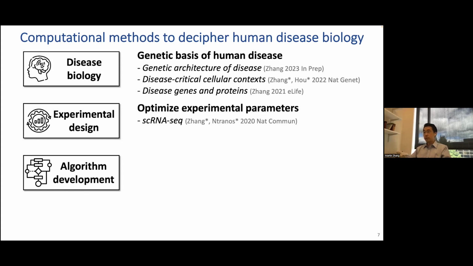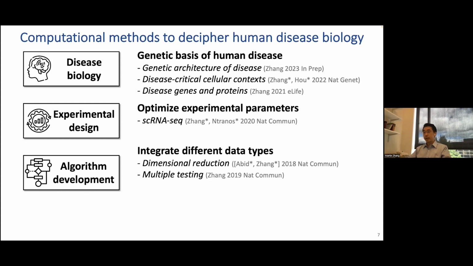Aside from the biological questions, we also look into the data collection process and try to optimize the experimental parameters to collect the data in a more cost-effective way. I also design generic machine learning and statistical algorithms motivated by applications in computational biology.